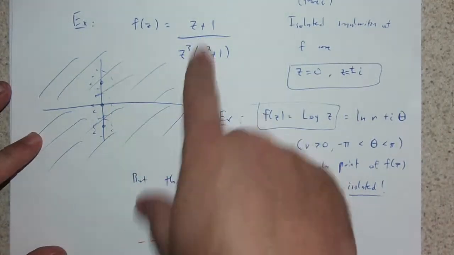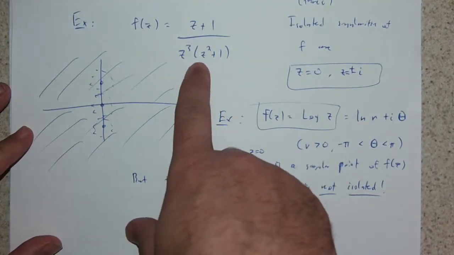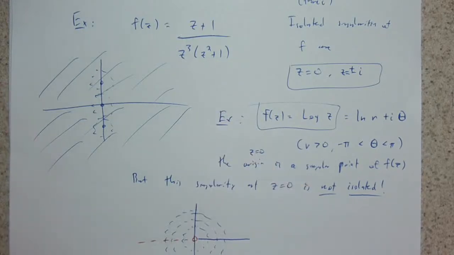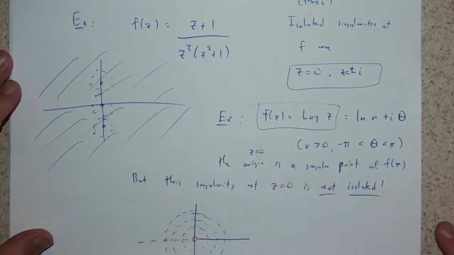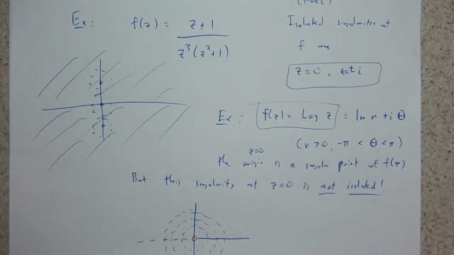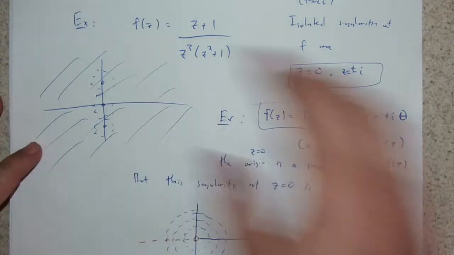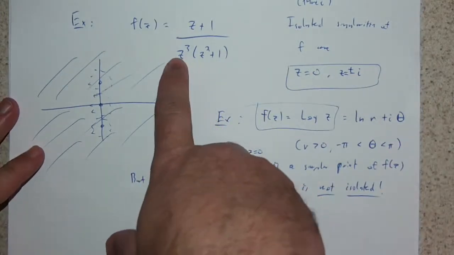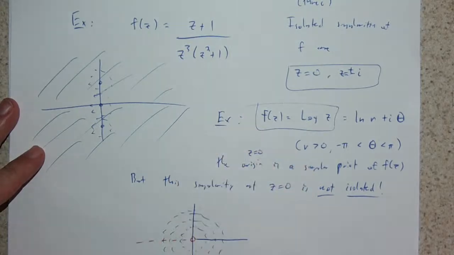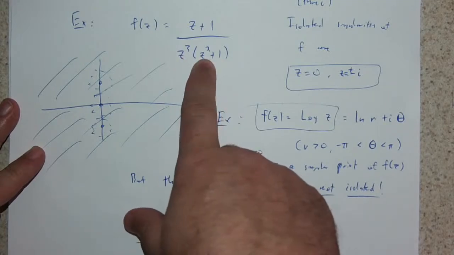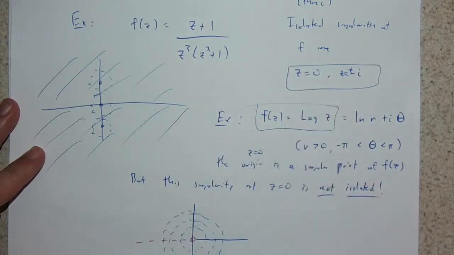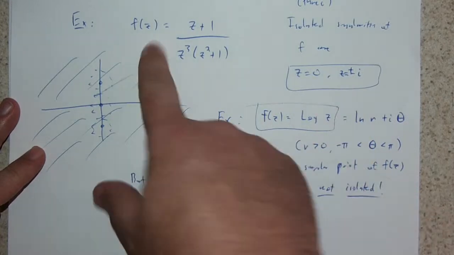If my function f is z plus 1 over z cubed times z squared plus 1, then just looking at this thing, this is a rational function, so the only place this is not analytic, by our properties of derivatives, we have the quotient rule for derivatives, is at zeros of the denominator. The only zeros of the denominator occur at 0 and plus or minus i. And so these are singularities of f.